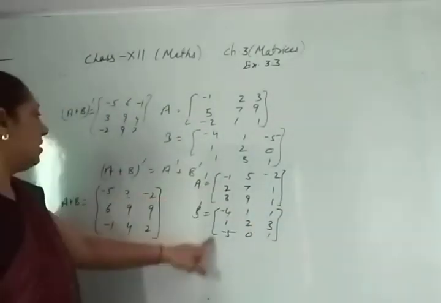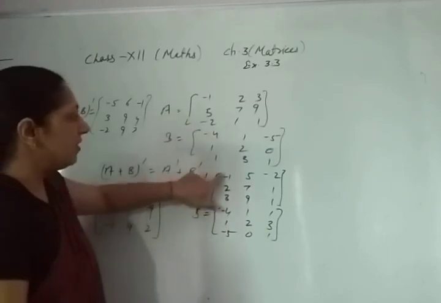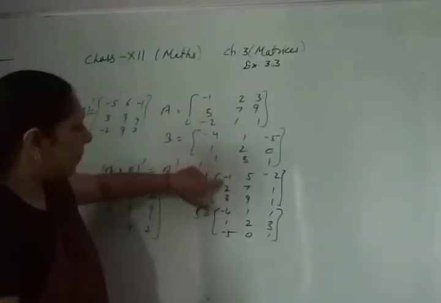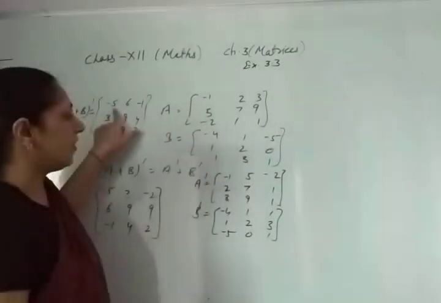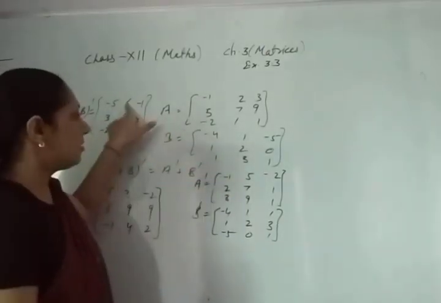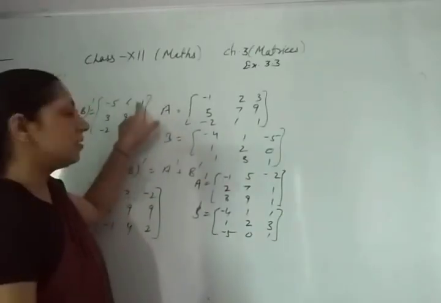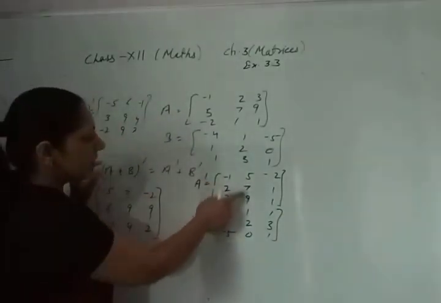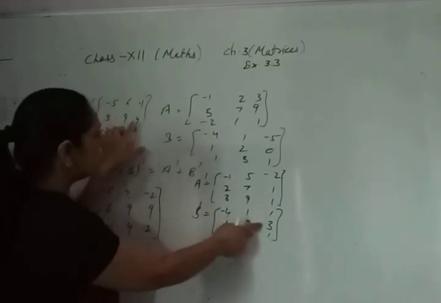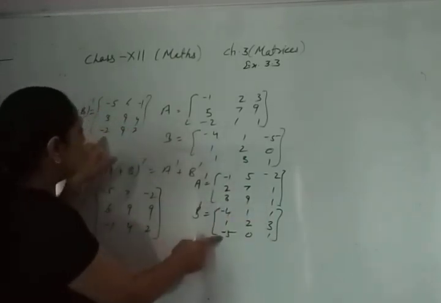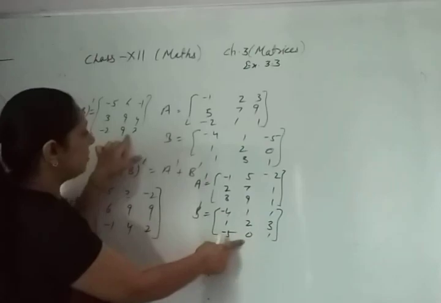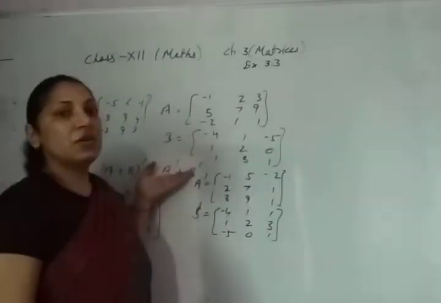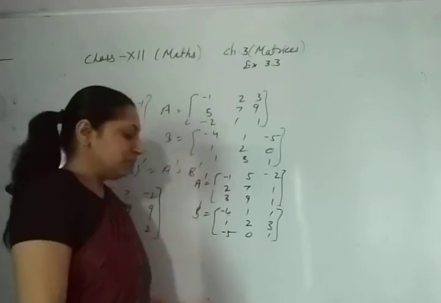Now add these two. Then we can see our left hand side: -1, -4, -5. 5 plus 1, 6. -2 plus 1, -1. Then 2 plus 1, 3. 7 plus 2, 9. 1 plus 3, 4. 3 minus 5, -2. 9 plus 0, 9. 1 plus 1, 2. So our left hand side is equal to our right hand side.